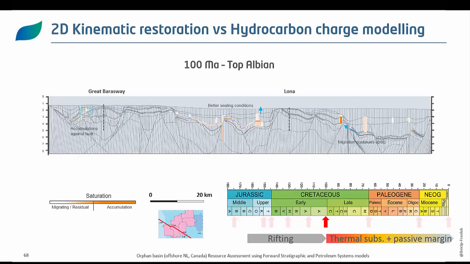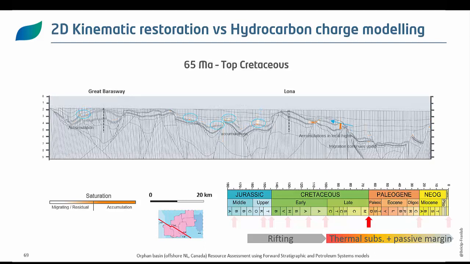Now we're at top Albian time, so hydrocarbons around Great Barras Way are concentrated down deep against faults that now prevent further migration. Eventually maybe a little leaking up to the surface. While in Lona, the flanks are now properly sealed with this additional late Cretaceous cover.